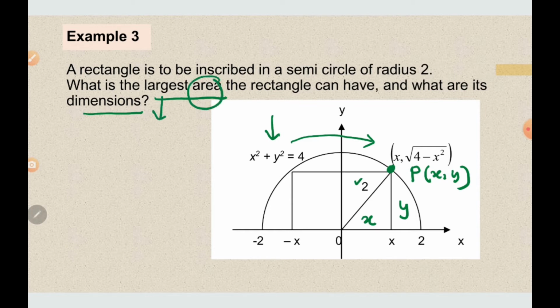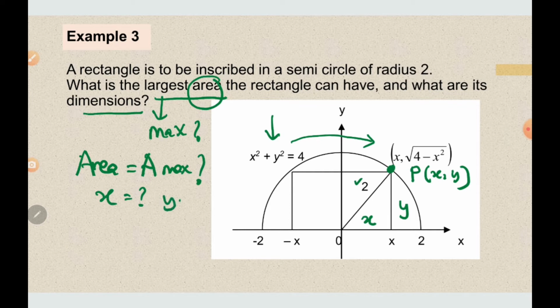The largest here means maximum, so we want to find the maximum area. I will use A for area. So what is the maximum area and what are the dimensions, meaning the value for x and the value for y?